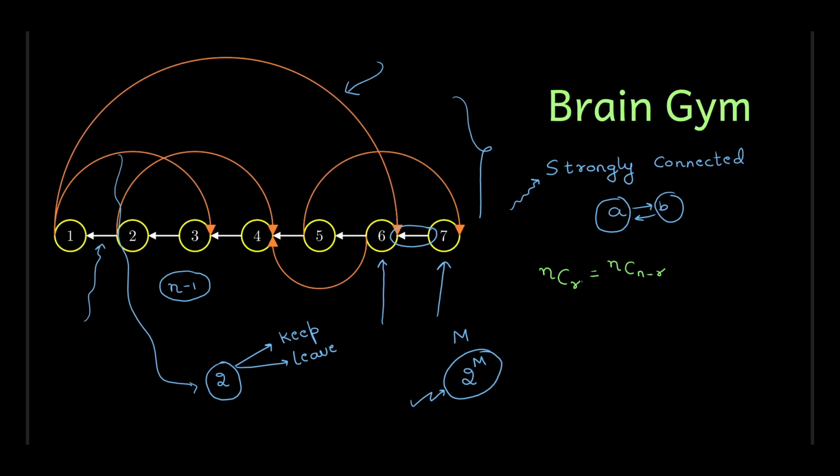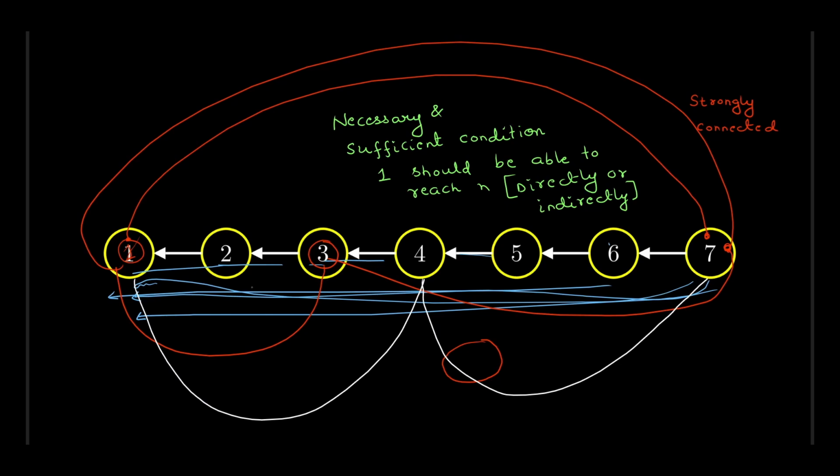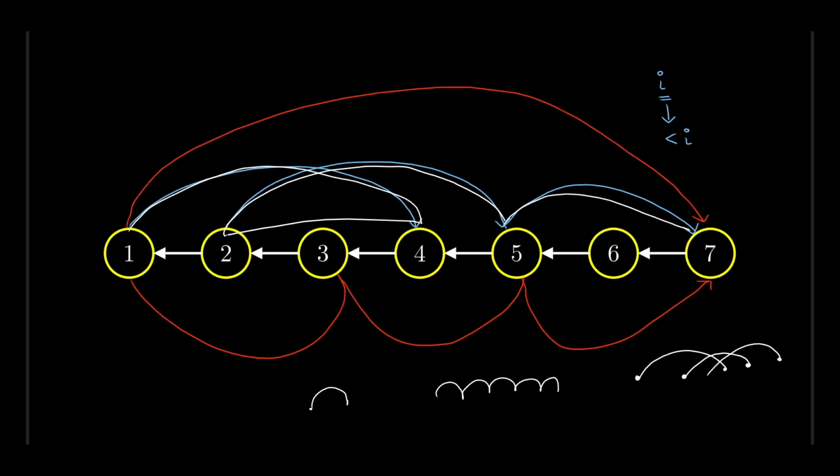Because to select R integers from n integers there are NCR choices, but instead of selecting R for your final set, you could have as well selected the n minus R that you want to discard. You can apply the same philosophy over here: instead of selecting the edges that you want to keep in your final set, you can start with a clean slate, which is what we have been discussing so far, a line graph, and then add a subset of edges that you want to keep, right?